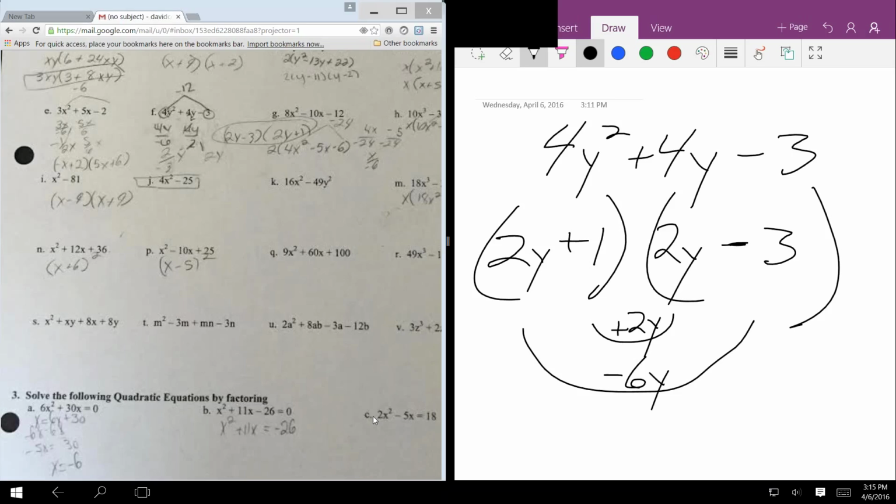Add them together, negative 4y. And that is not our middle term, but it's the right number, just the wrong sign. Well, all that tells us is that we just have to switch them. And now I'm going to get plus 6y there, negative 2y there, and I'm going to end up with plus 4y as my middle term.